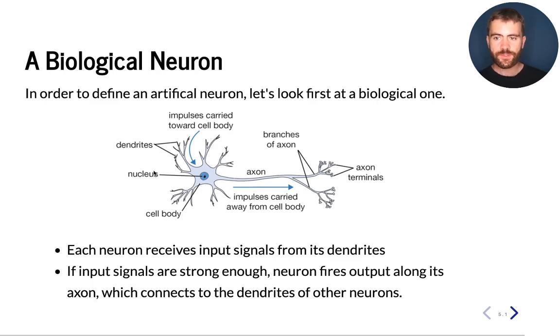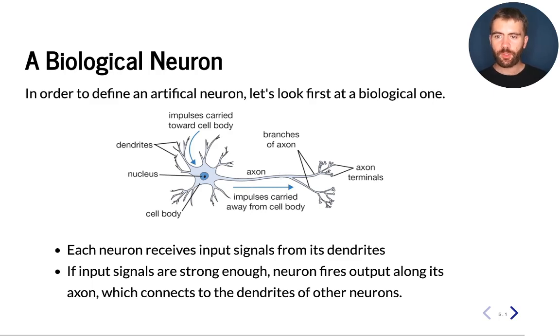So when the neuron receives a strong enough signal via its dendrites, it fires and sends an electrical signal down the axon, which will then go and connect to other neurons. And this is at a high level the structure of a biological neuron.